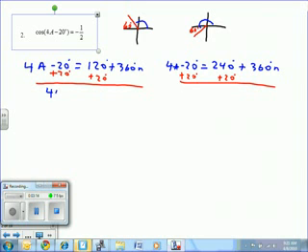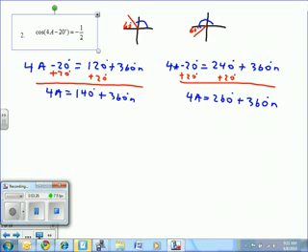And you end up with 4a equals 140 degrees plus 360n, and 4a equals 260 degrees plus 360n. And then your last step is to do what? Divide by 4.